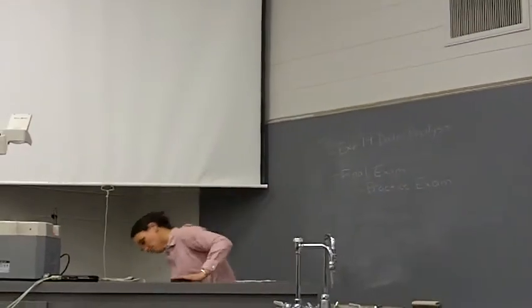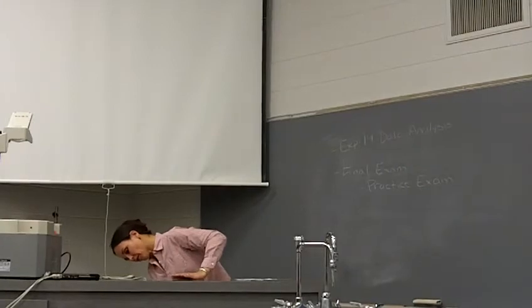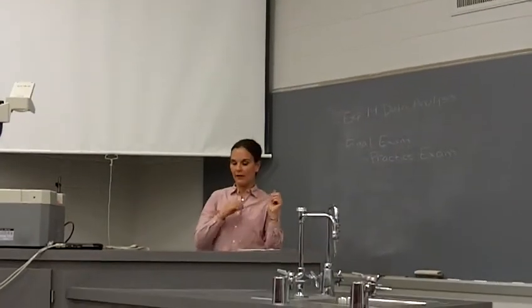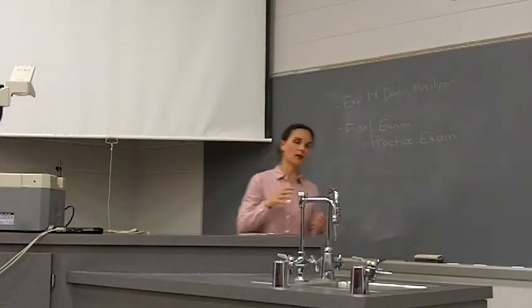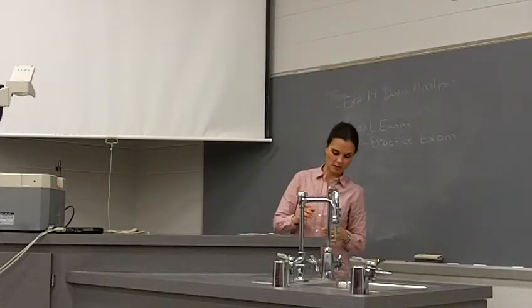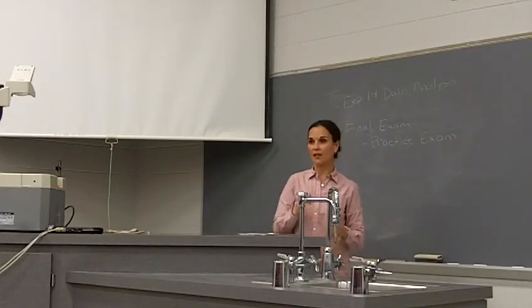Other things to think about for experiment 14 are your analysis is basically based on GC information, but don't forget that you also need to figure out your yield, okay?